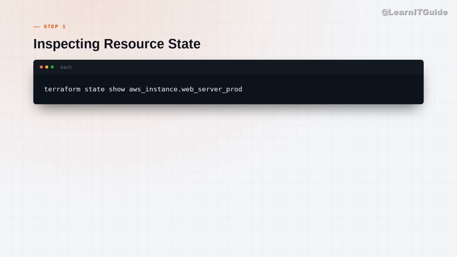This is critical because your local configuration files might have drifted from what is actually running in AWS. If you see attributes here that do not match your expectations, you know you have an out-of-sync environment that needs to be addressed before you attempt any modifications.